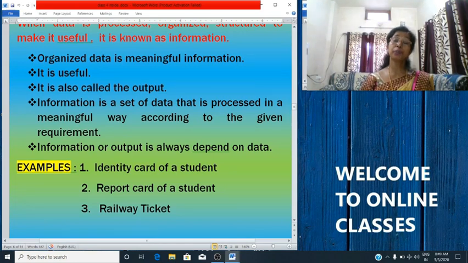So after showing the paper, you have seen the teachers are entering the marks in a list. Then these marks are entered into the computer, it processes it, and the report card is printed. So your marks and your name, roll numbers, etc. are the input for this, and this data is processed as per the requirement, and we get the report card.